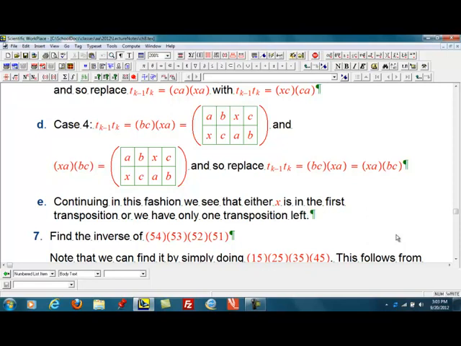Otherwise, if we had more than 1 transposition left and X wasn't in the first position, we'd redo it again. And you'd either drop 2 transpositions or you'd move X 1 over and repeat it again until one of these 2 cases happens. Well, tell me what happens if you have the first case, if X is in the first transposition.